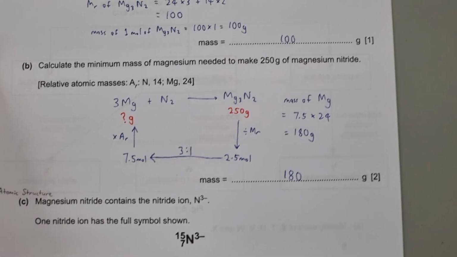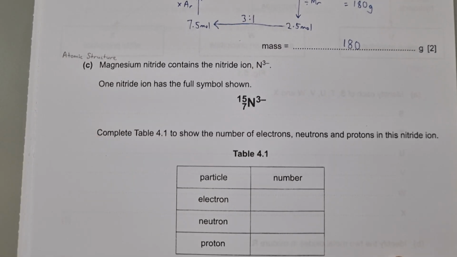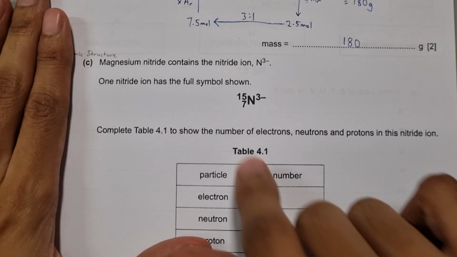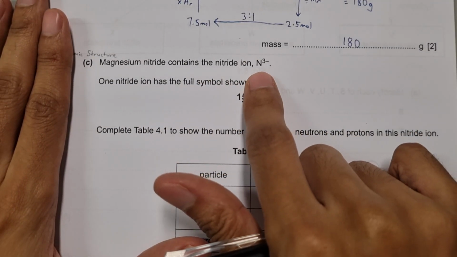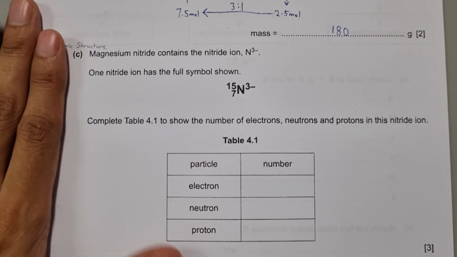Next, part C, we switch to atomic structure. We have the nitride ion, N 3 negative. So let's revise.